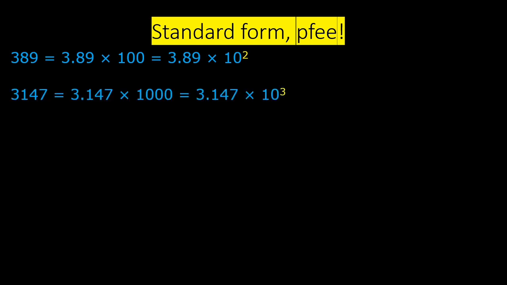All right. Another example, 3147. This number can be rewritten as 3.147 times 1,000, which we can rewrite in standard form as 3.147 times 10 to the power 3, three zeros.